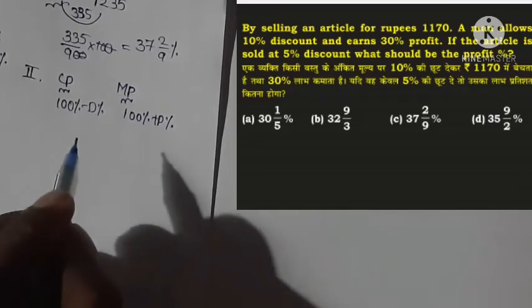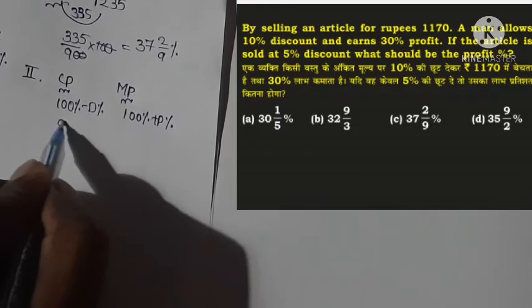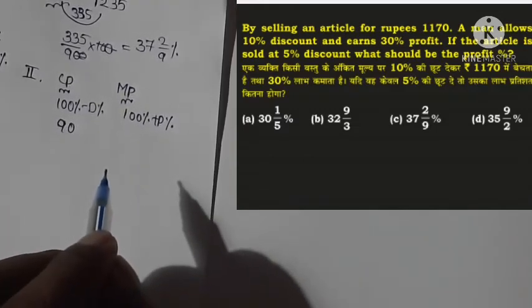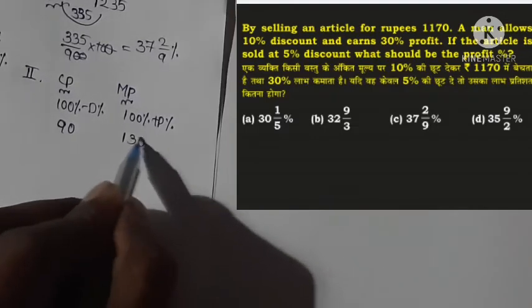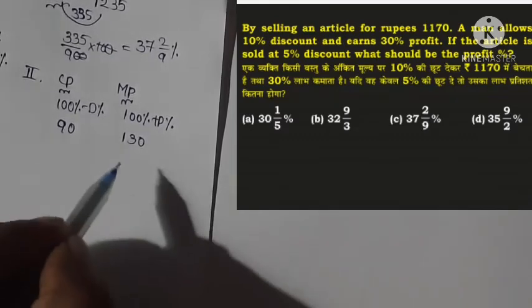So the discount is 10%, 100% minus 10%, so value is 90. 100% plus 30%, so value is 130.